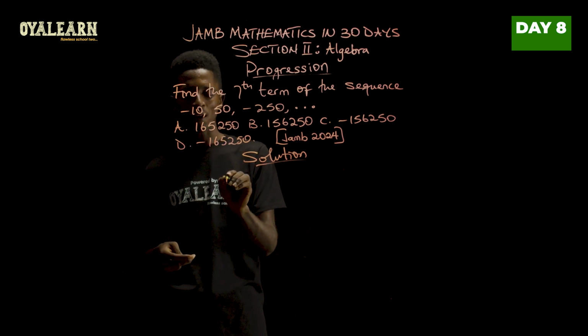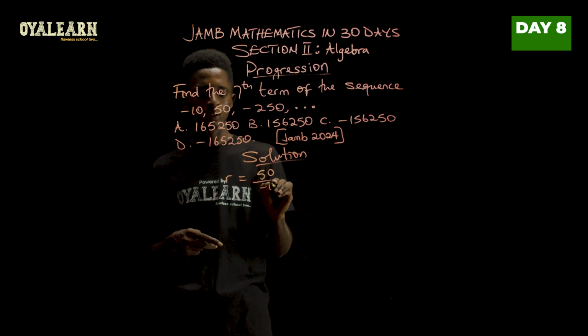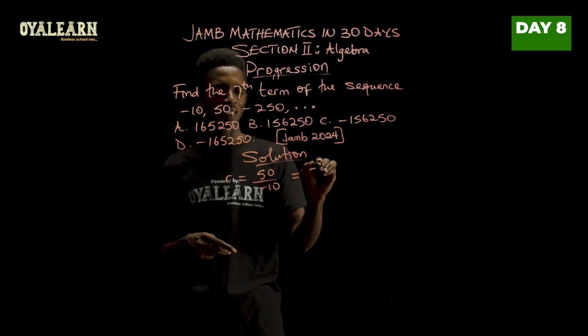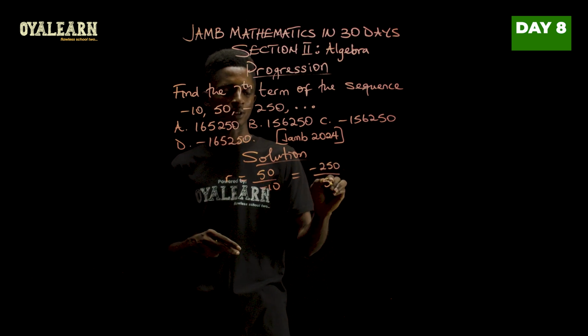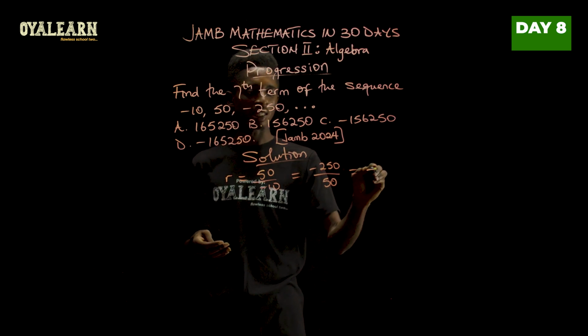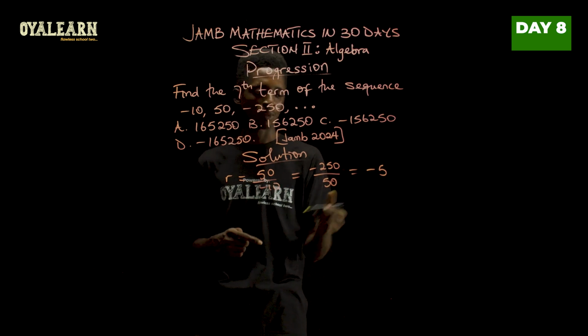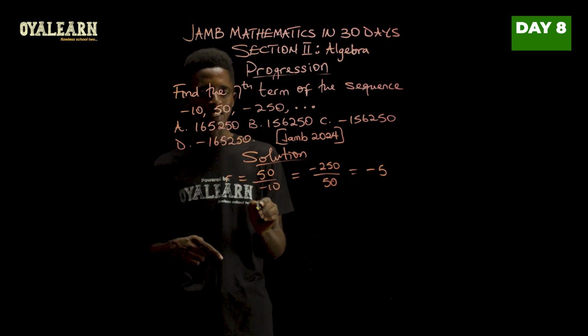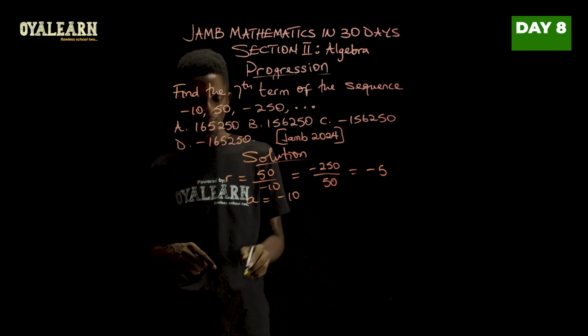And if it's a GP, it should have a common ratio, which should be 50 over minus 10, which is the same thing as negative 250 divided by 50. And both of them are going to give us the same thing, which is negative 5. So that tells us that it's a GP with common ratio negative 5 and first term of negative 10.